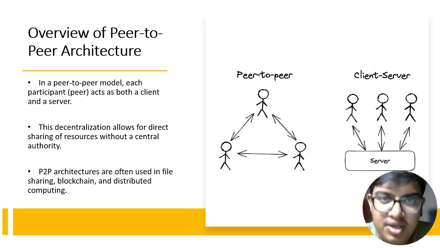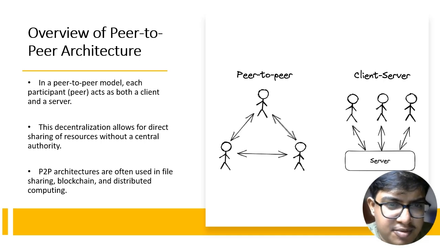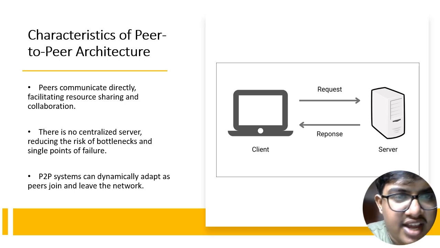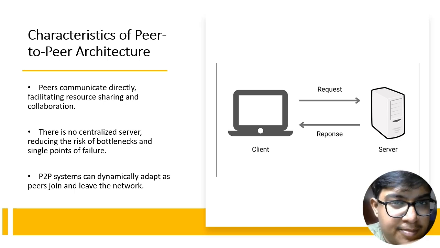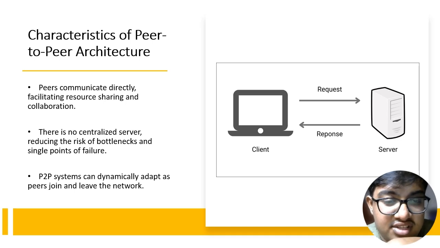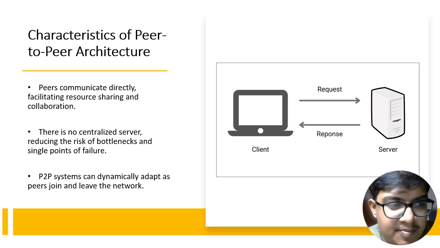P2P, or peer-to-peer architecture, is often used in file sharing, blockchain, and distributed computing, most of the time. Some of the characteristics you usually see in these are that the peers communicate directly, which facilitates better resource sharing and collaboration compared to the client-to-server model, where it has to send each request and respond to multiple requests at the server, and the server will slowly respond to one of them like that.